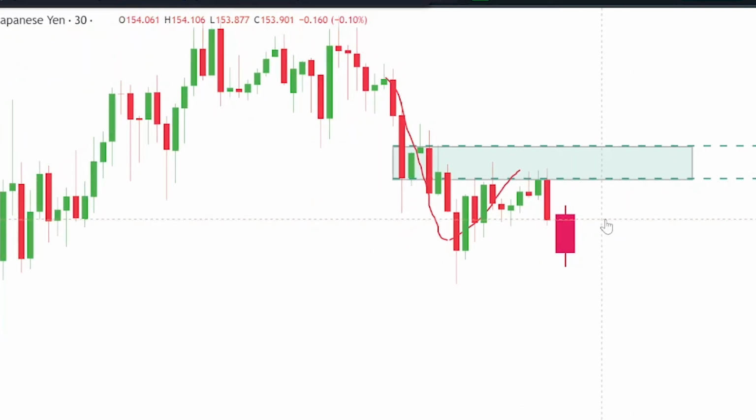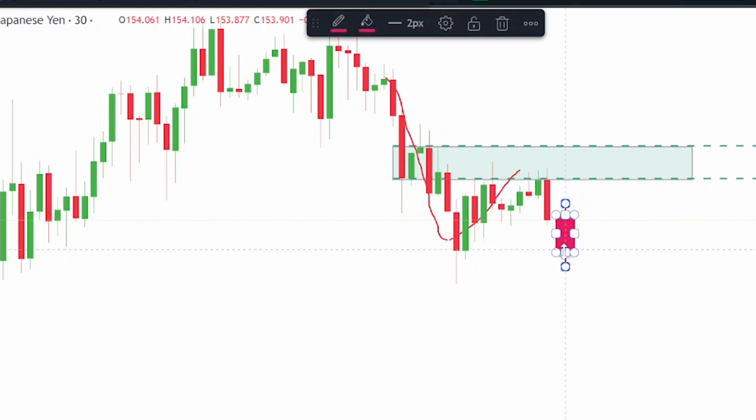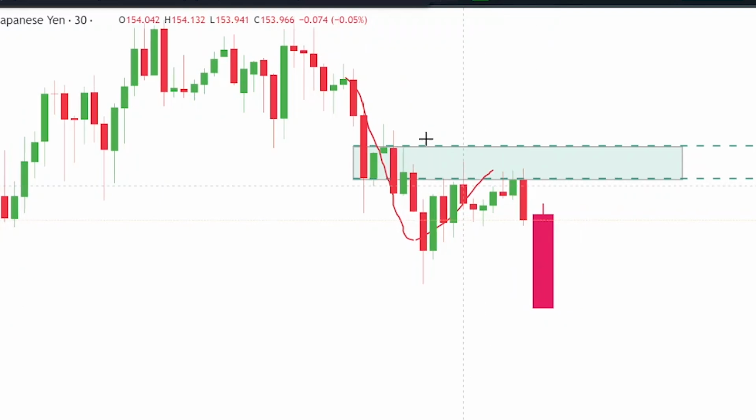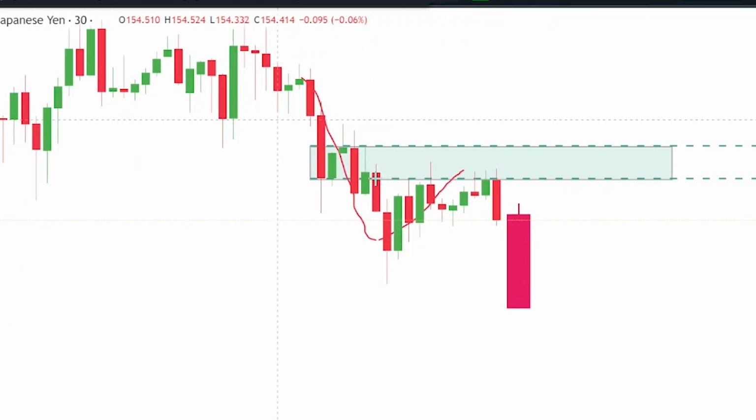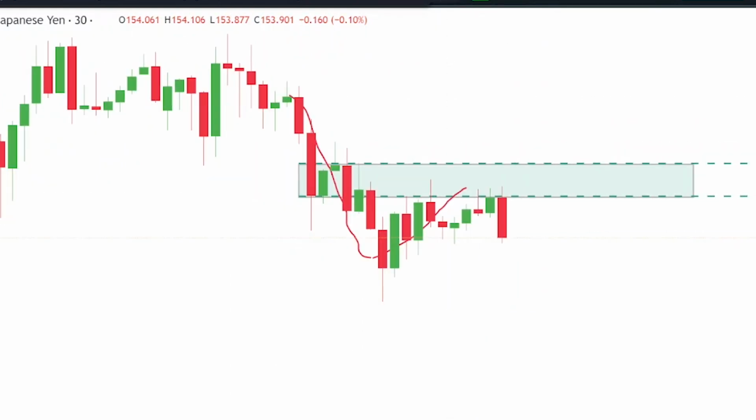So I need a candle first making a high before we start making a low, expecting the market to continue moving down, and then I will enter when the market starts breaking the low of the previous candle.